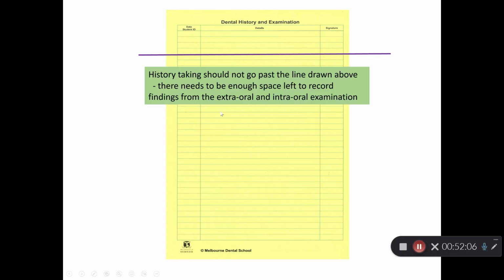So really think hard about how you record it. Make sure you get the most important point next to this scan line down here, so that you don't have to read line after line after line to find information that you need. Remembering also it's not just you who may have to look at this. It will be a demonstrator, but it could be somebody else who sees your patient in another clinic and they've got to find information from what you've recorded.